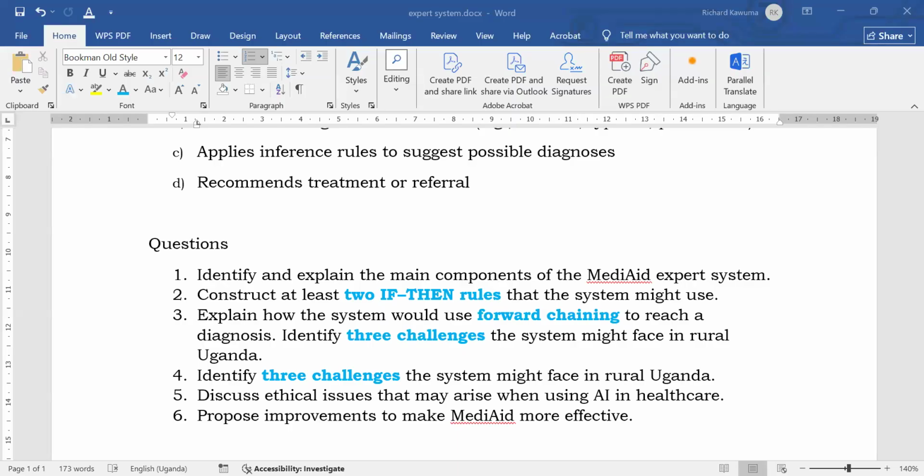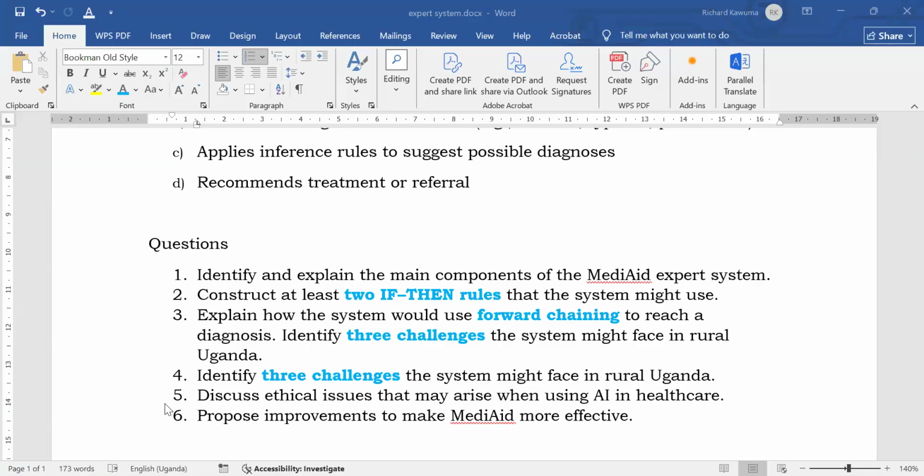Anyone else who can attempt? Good afternoon, sir. Good afternoon. Me as a person, I think the components mean the main components that are expected in the system, what the system is supposed to portray mostly.